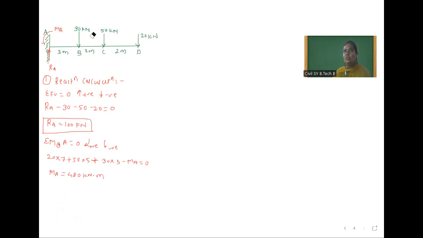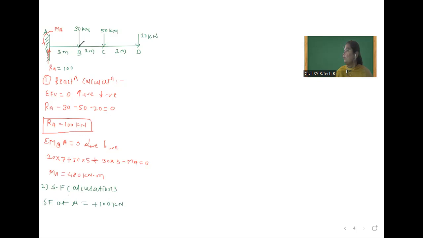After that, shear force calculation. Second step is shear force calculation. So shear force at A, RA is 100. Shear force at A is equal to plus 100 kilonewton.